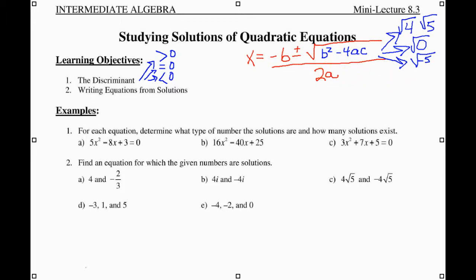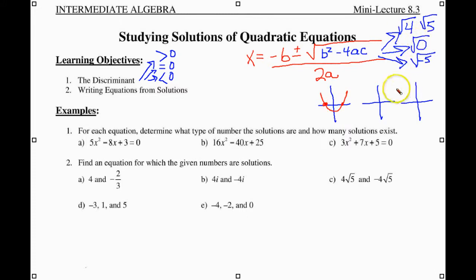Now, if you were to look at your textbook, they actually have a graph of each one of these. And for this first one, the graph looks like this. That is, you're going to get 2 real number solutions.